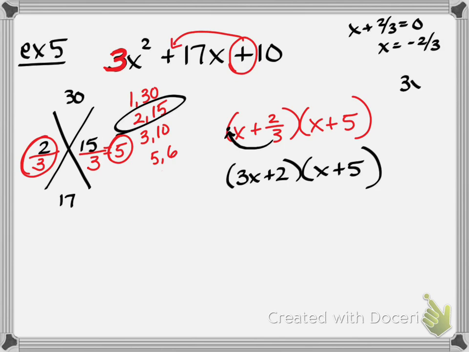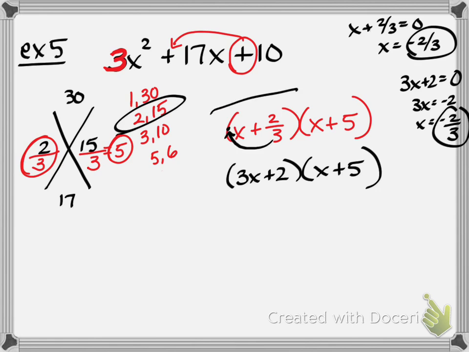And if you took the 3x plus 2, set it equal to 0, you'd minus 2, and then you divide by 3, and you also get negative 2/3. So these two forms are equivalent, and we'd just rather see it like that. So all you do is take the bottom and put it in front of the x.